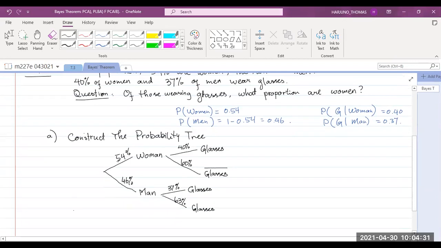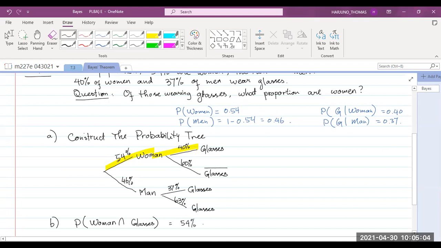Now part B, we will find the probability that a randomly selected person is a woman and wears glasses. That will be woman times glasses. That will be 54%.